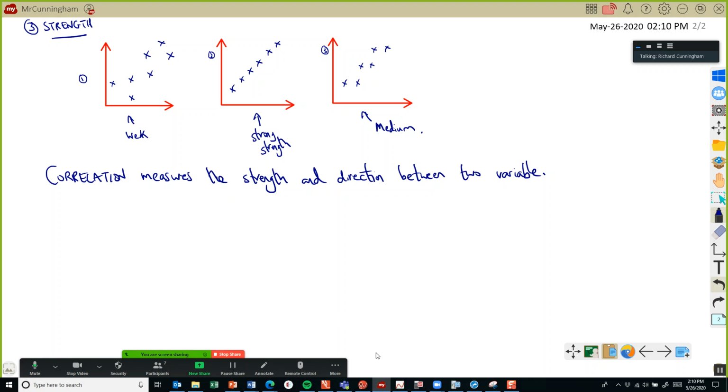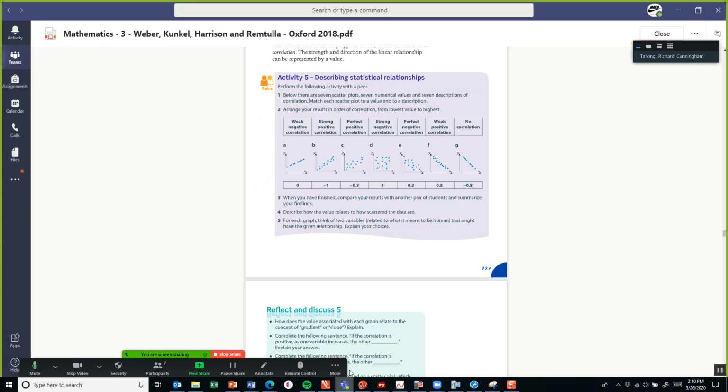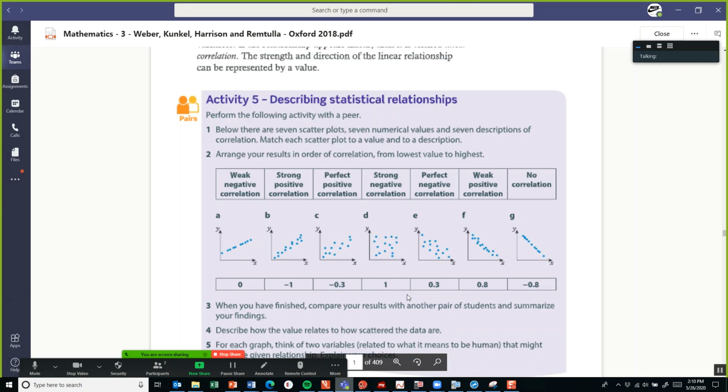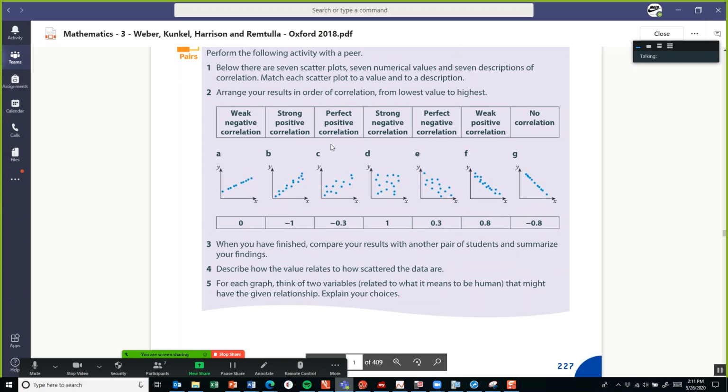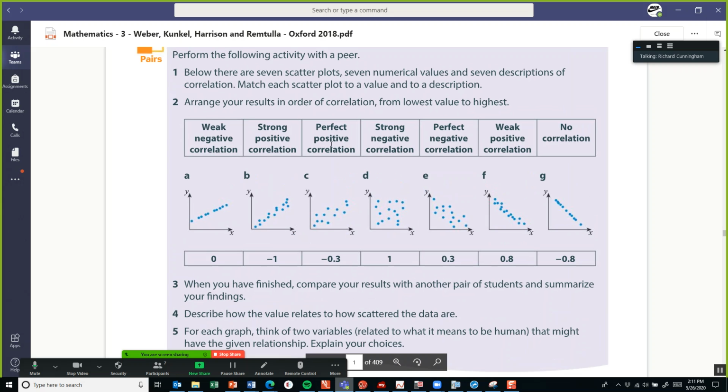And what I'm going to do is pull up the textbook and have a look at this. Here we've got different ideas of correlation. We've got these little tabs: weak negative correlation, strong positive correlation, perfect positive correlation, strong negative correlation, perfect negative correlation, weak positive correlation, and no correlation.